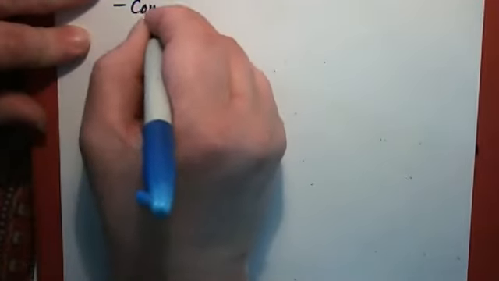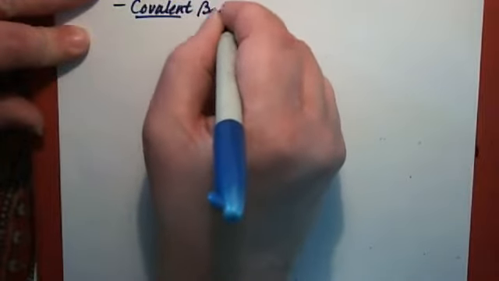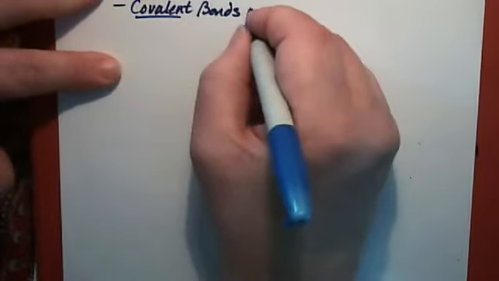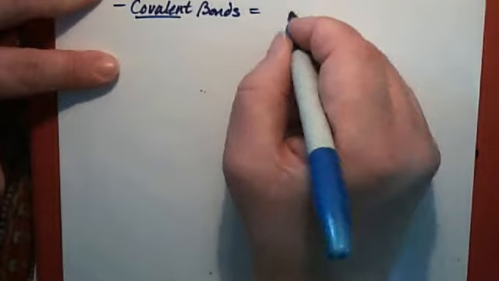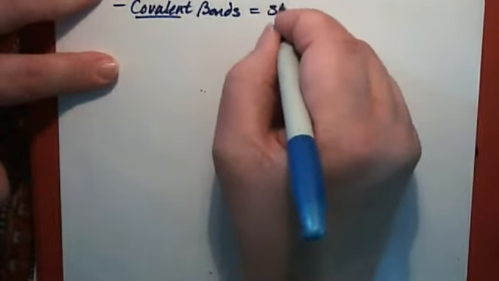Okay, covalent bonds. Covalent bonds are the sharing of 2 electrons between nonmetal atoms.